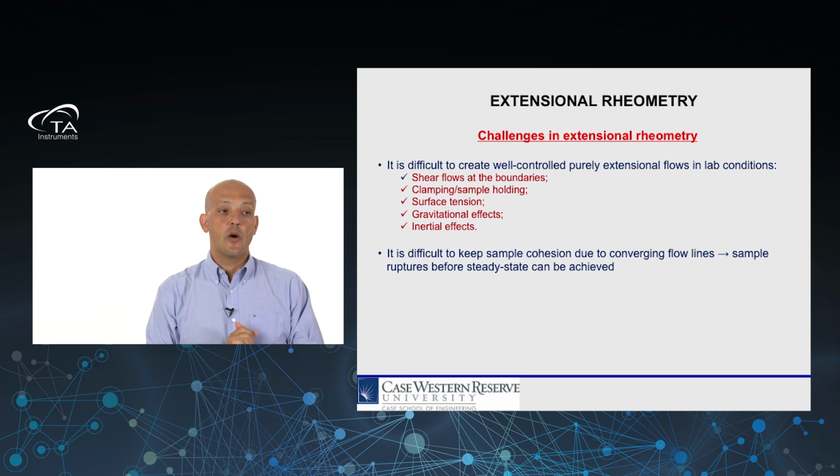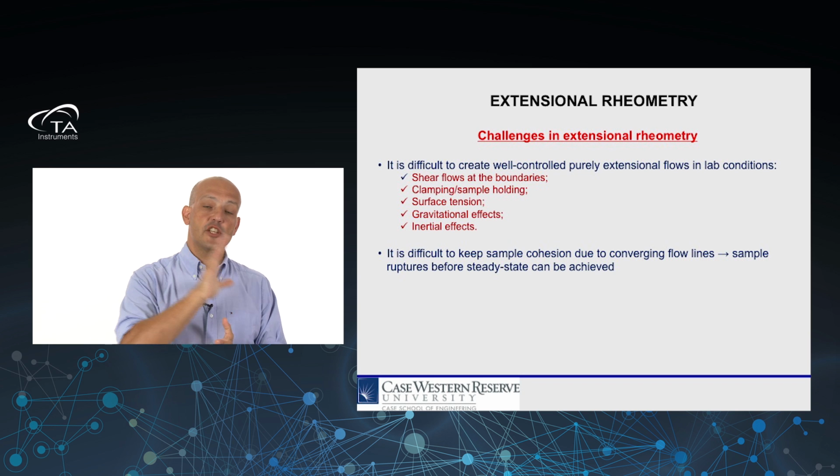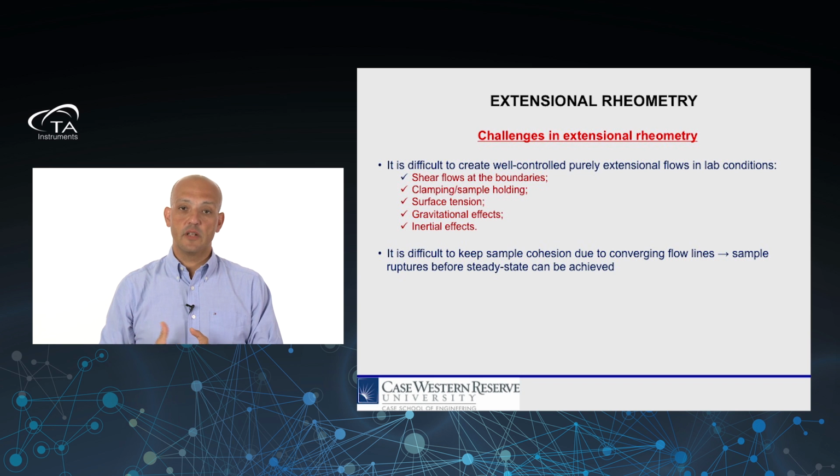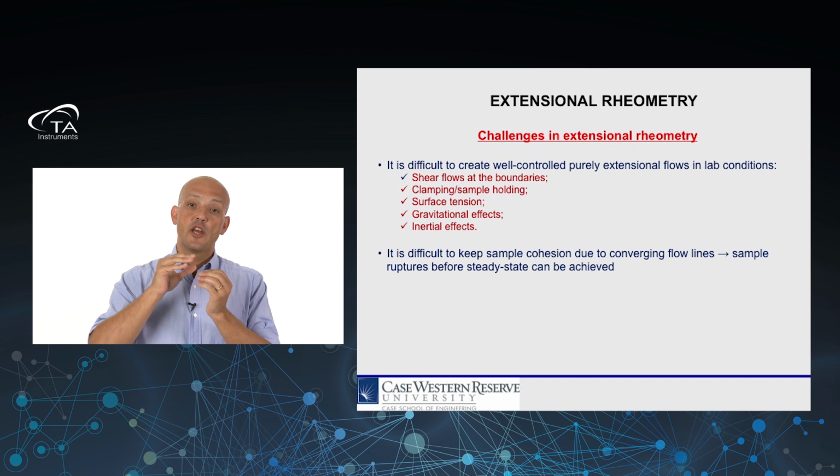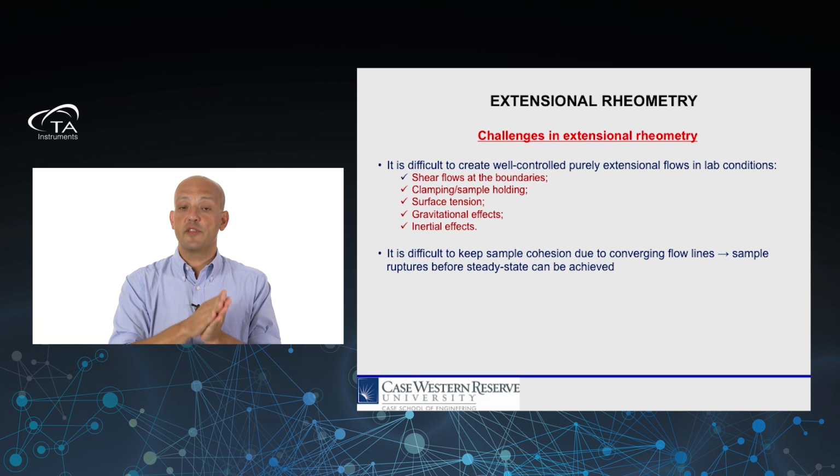Okay? Now, in addition to that, there is a more fundamental difficulty here as well, which is the fact that the flow lines in extensional flows are converging in at least one of the directions.